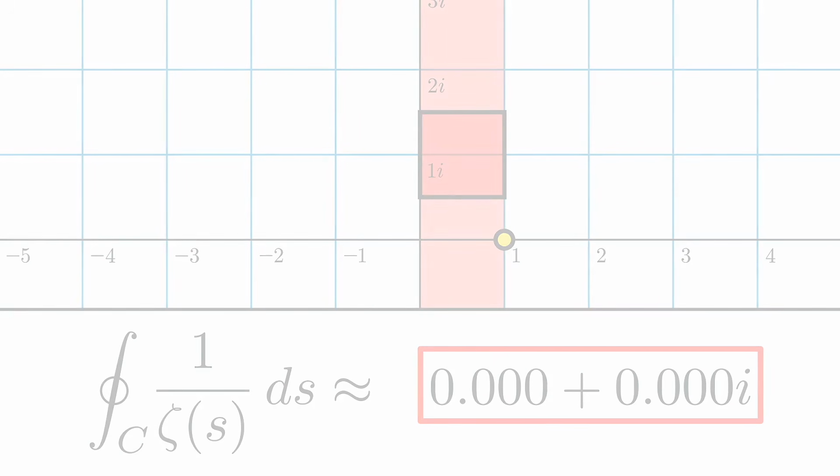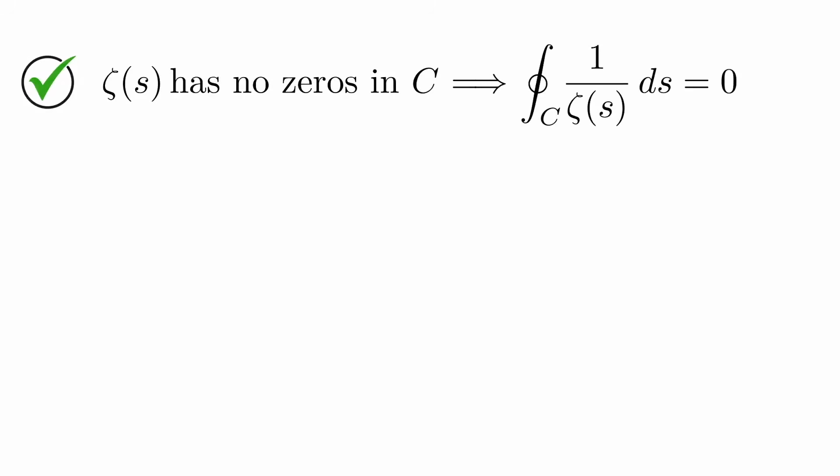The second, and actually the most minor of our problems, is that we're making a converse error here. The true statement is that if zeta of s has no zeros inside the rectangle C, then the integral around C of 1 over zeta of s ds is 0.